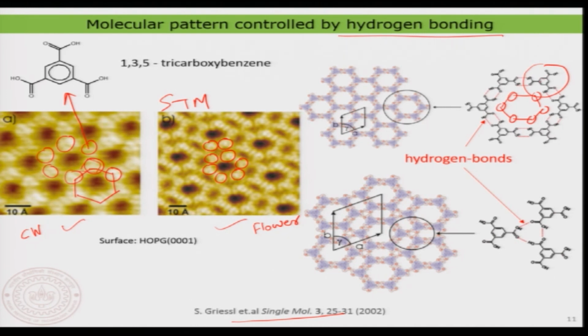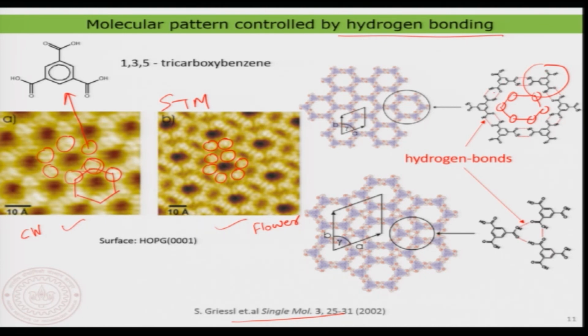Now, what you find is that the TMA molecules are interacting through hydrogen bonding between the carboxylic groups. The carboxylic group has an OH group, therefore you have a partially positive hydrogen atom and a partially negative oxygen atom, and they can form a hydrogen bond.